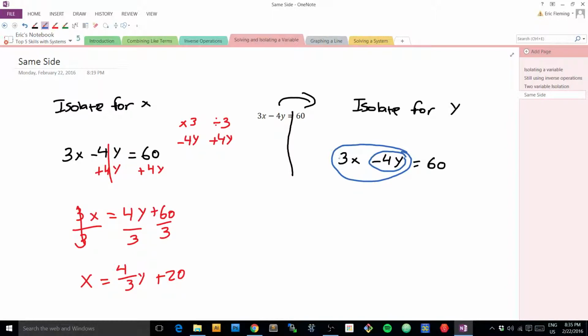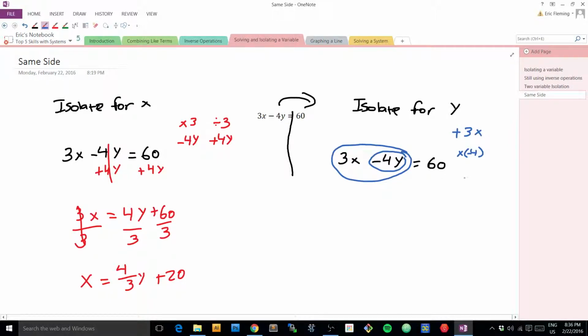We have this additional 3x, and you might think it's being subtracted from it, but it's not. It's actually an additional 3x. This negative 4 right here is actually being multiplied by the y. So this is a multiplication by a negative 4.